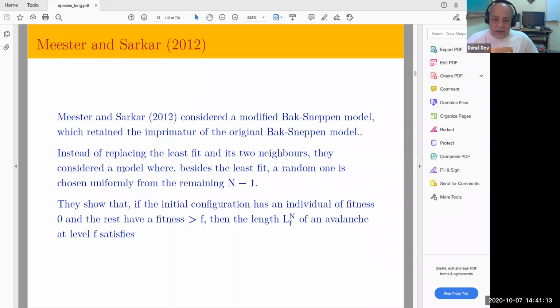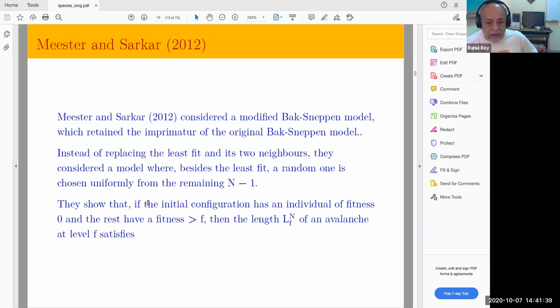Again, Ronald Meister and Anish Sarkar in 2012 considered a modified Bak-Sneppen model, which retained the signature of the original model. Instead of replacing the least fit and its two neighbors, they considered a model where, besides the least fit, a random one is chosen uniformly from the remaining n-1.